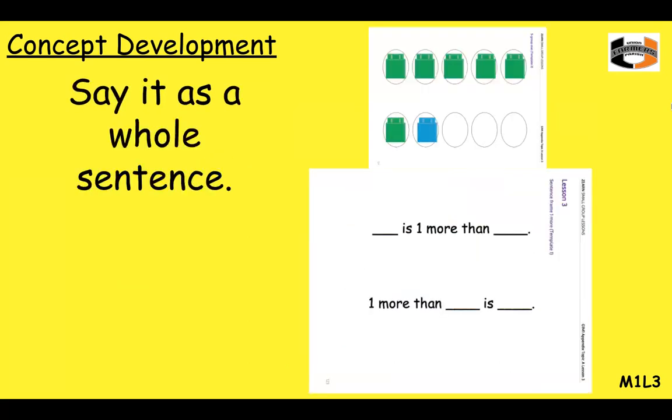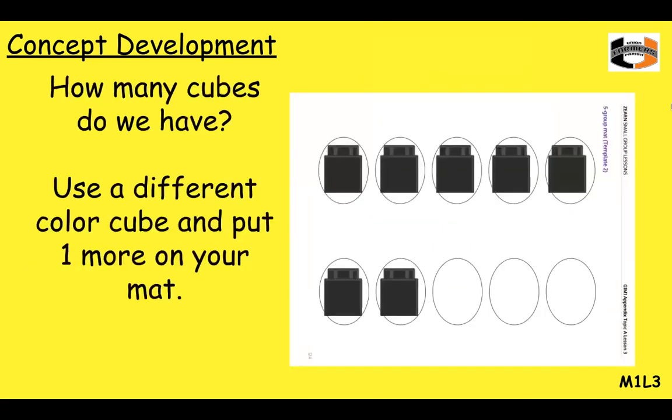Say it as a whole sentence. 7 is 1 more than 6. 1 more than 6 is 7. 6 plus 1 equals 7. How many cubes do we have now? That's right, we have 7.